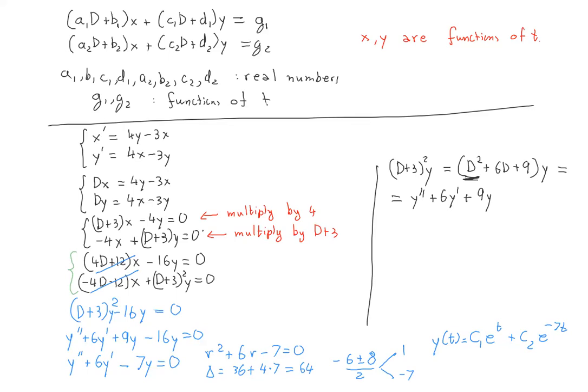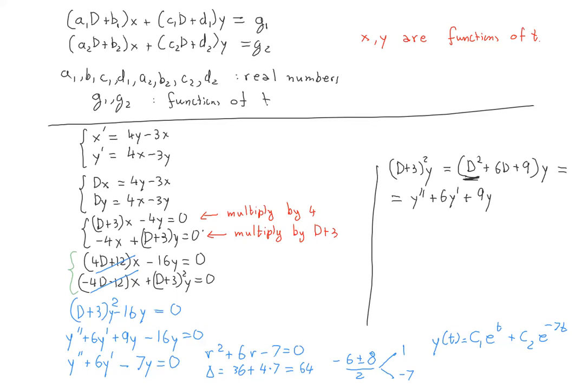The question that comes up now is, once you find y, how do you find x? And here there are different things that you can do. One thing that you can do is apply pretty much the same principle.